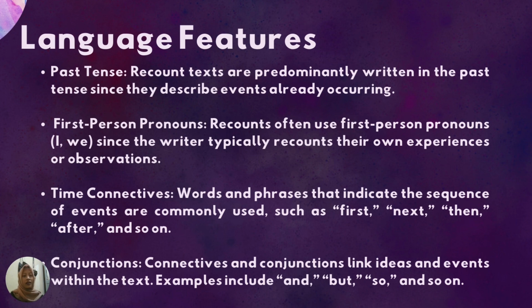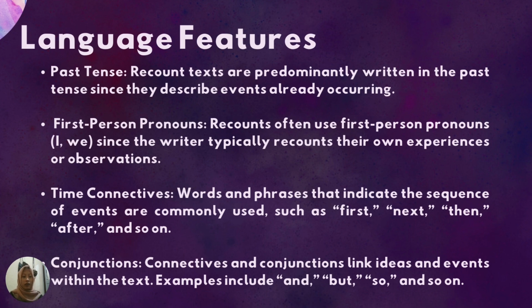Okay, past tense. Recount texts are predominantly written in the past tense since they describe events already occurring. Second, first person pronouns. Recounts often use first person pronouns such as I, we, since the writer typically recounts their own experiences or observations.